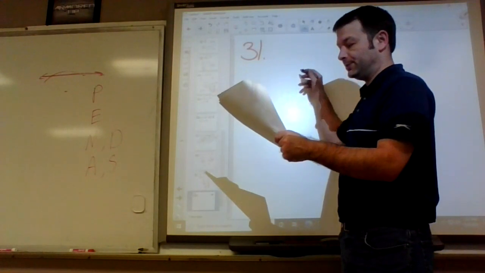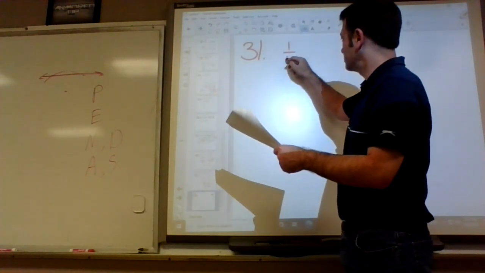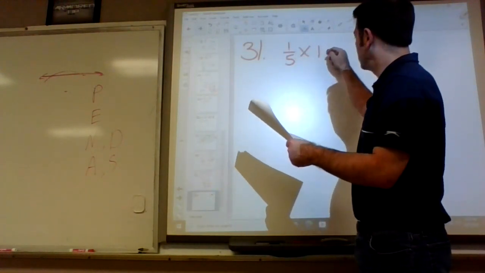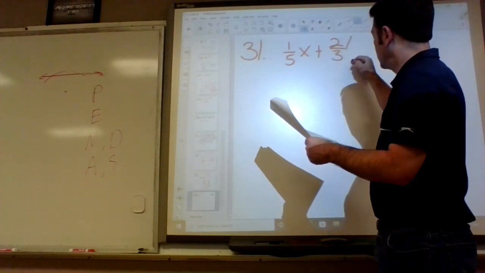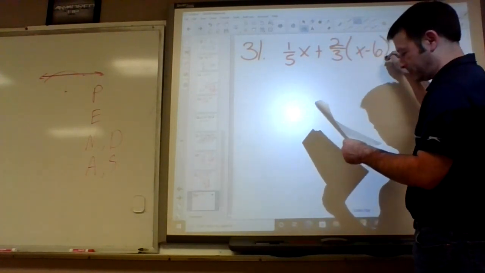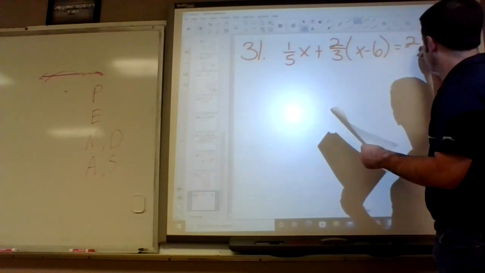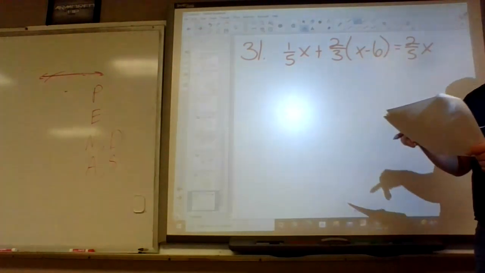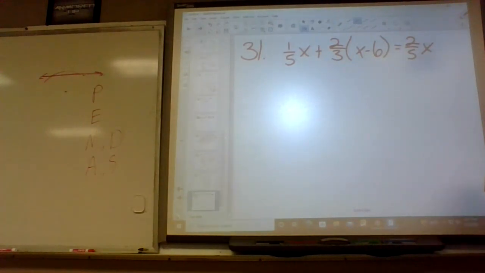Number 31. Do we do the thingy with the arrows? The distributive property? Yeah, that's the distributive property. Again, don't let the fractions freak you out.